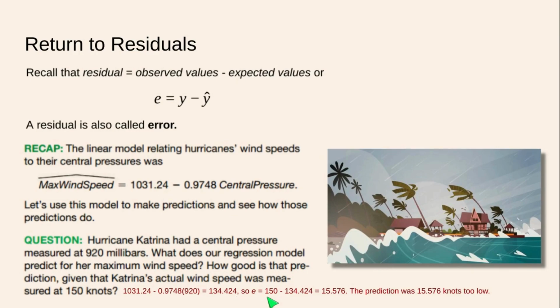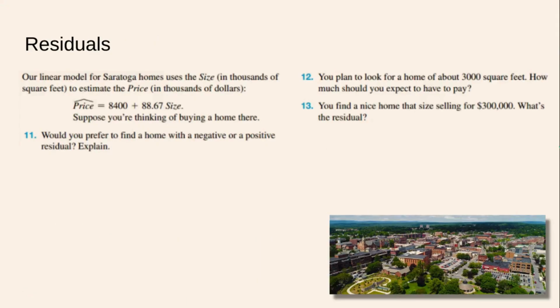So the error would be the actual data value, which is 150, that's definitely a rounded number, minus 134.424, which is going to be 15.576. The actual data value was bigger than the predicted data value, which means that the prediction was 15.576 knots too low.